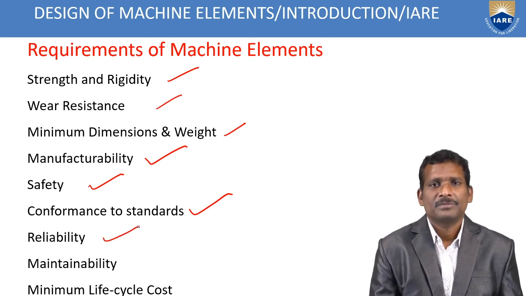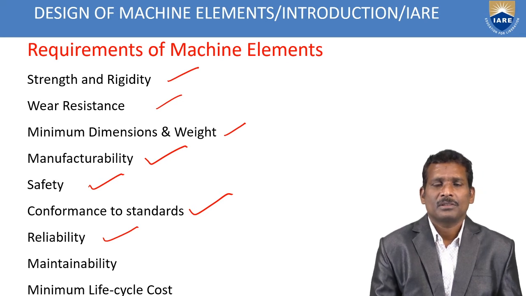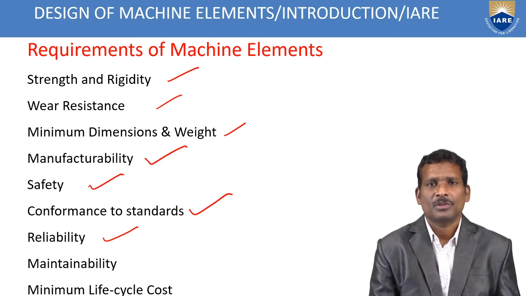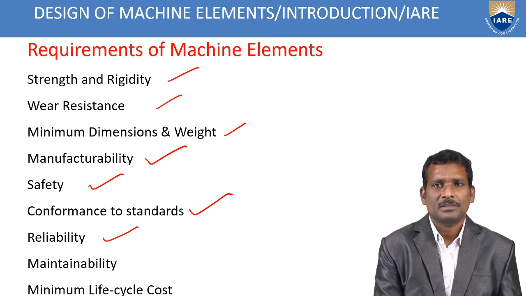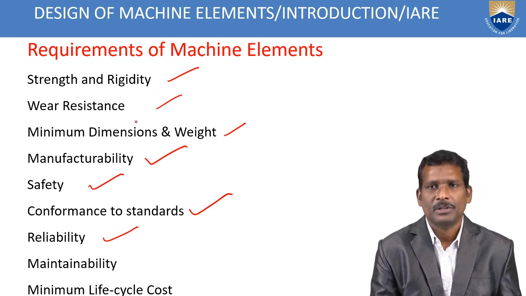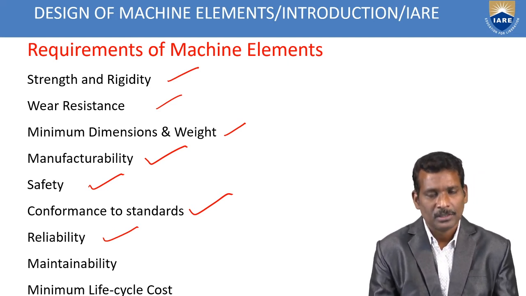And reliability, it should be reliable. So the machine element should be reliable, meaning it should give a long life. Clear? All these properties: strength and rigidity, wear resistance, minimum dimensions and weight, manufacturability, safety, and conformance to standards.